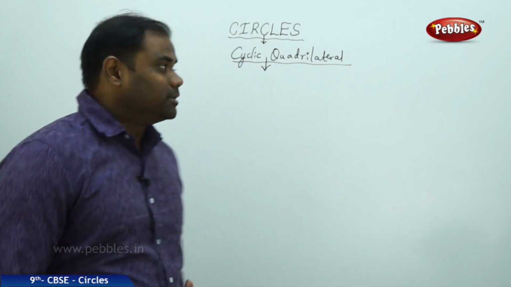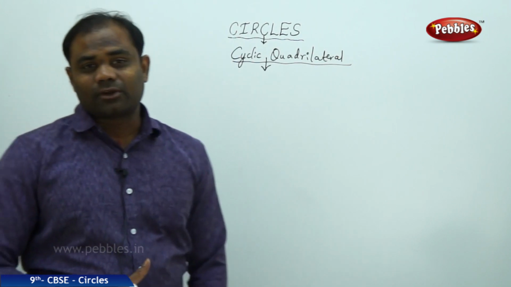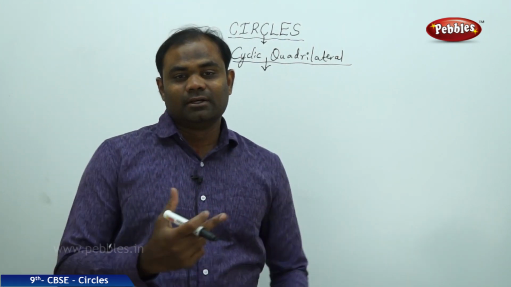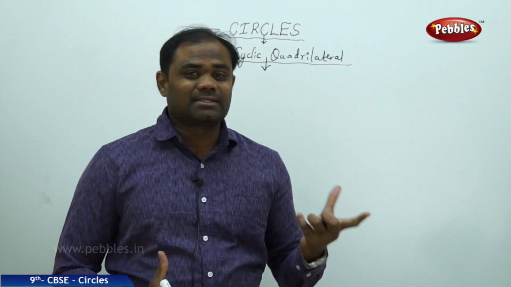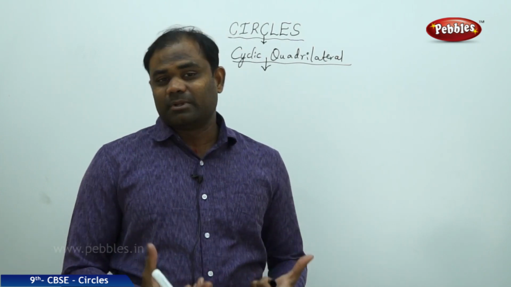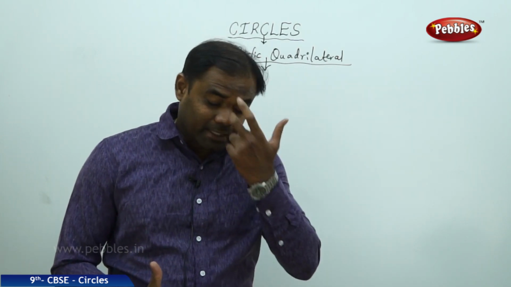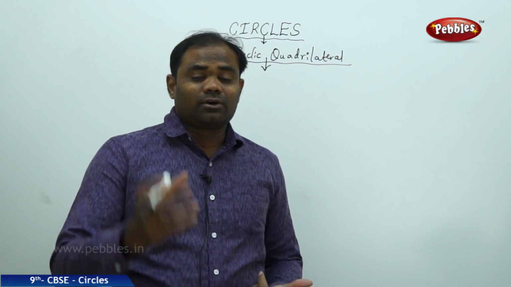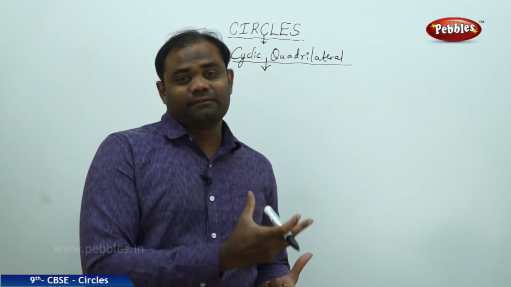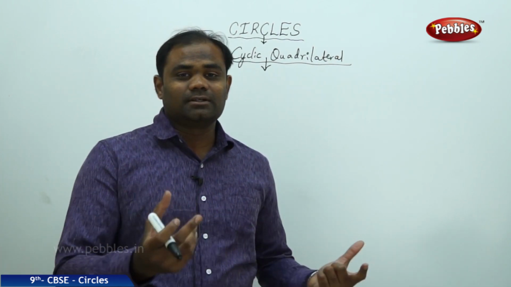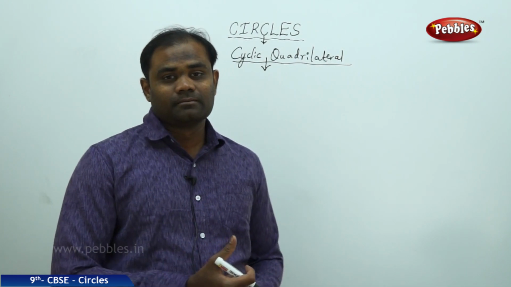What is a cyclic quadrilateral? It is very simple with the definition itself: a quadrilateral which is cyclic forms an exact circle. In the simplest manner, we can define a cyclic quadrilateral to be a quadrilateral which can exactly fit in a circle of any radius.